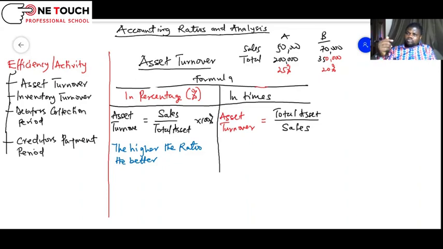We want to know the number of times the total asset is able to cover the sales. As this sales keeps on increasing, it will be reducing the number of times. And the sales is our key performance indicator. Once sales is increasing, it means that you are doing well. So if the answer is in times, then we are saying that the lower the number of times, the better.